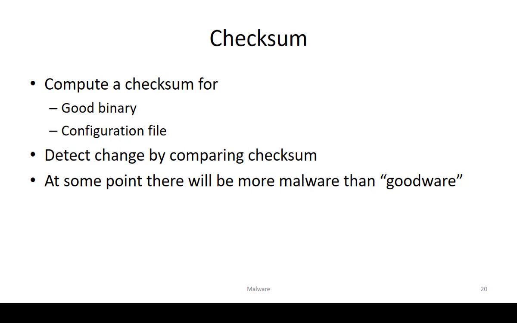You compute a checksum for a good binary file or for some configuration file, and then you detect a change by comparing this checksum to the checksum that you compute over some file. Typically, this is good for catching some malware, but we can have a problem where you might have more malware than goodware.